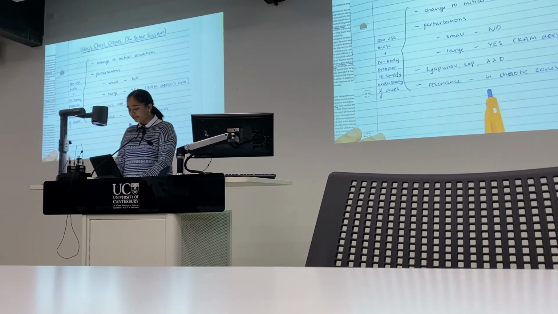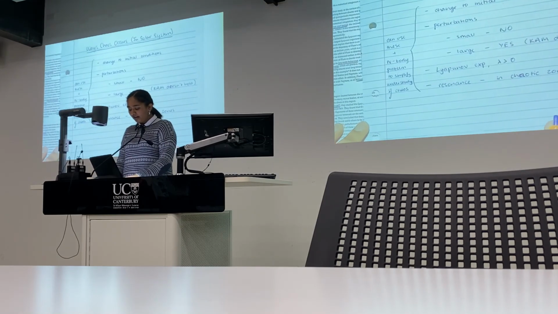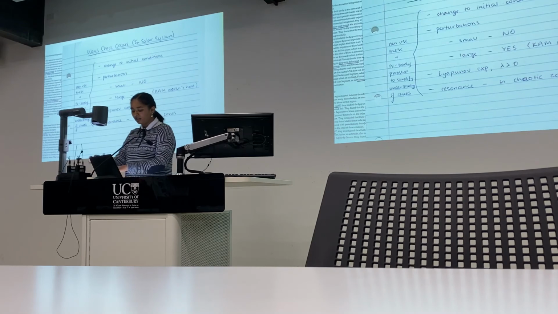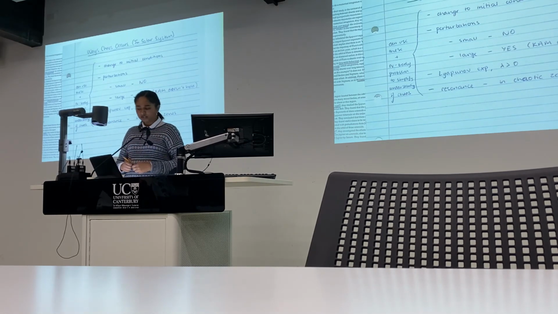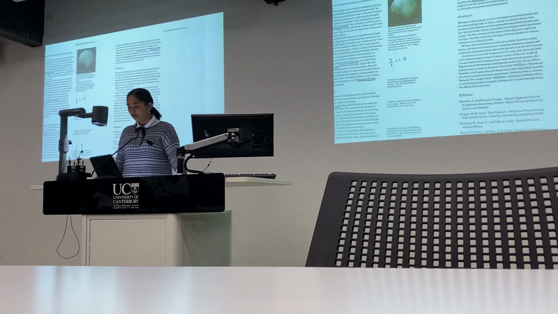And resonance creates chaos in chaotic zones. So the idea is that we can use these concepts and theories, plus the N-body problem, to simplify our understanding of the many dynamics going on in our solar system related to chaos. There's a lot of chaos in the solar system.